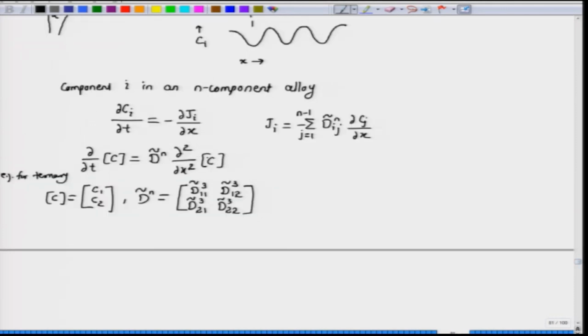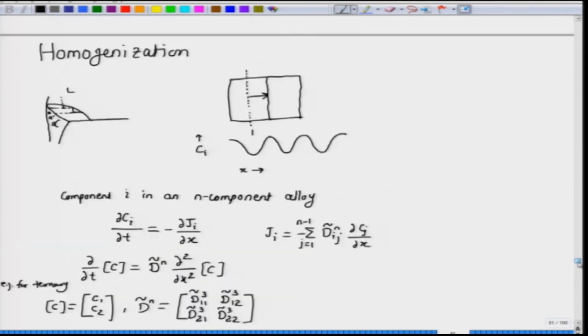So, this is the diffusion equation that we need to solve, and what are the boundary conditions? The initial condition is here. Initially, we have a sinusoidal pattern, so we can represent, for component i, Ci at any x at t equal to 0, and the sinusoidal pattern can be represented as Ci bar plus beta 0 i sin pi x by L, where Ci bar is the average concentration.